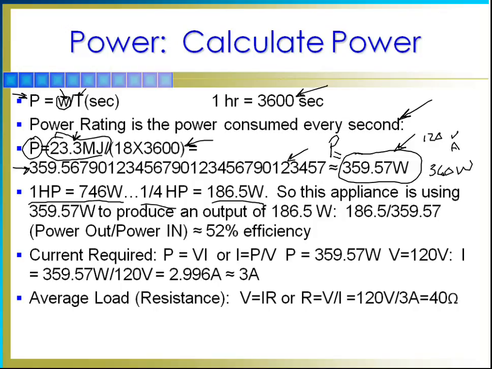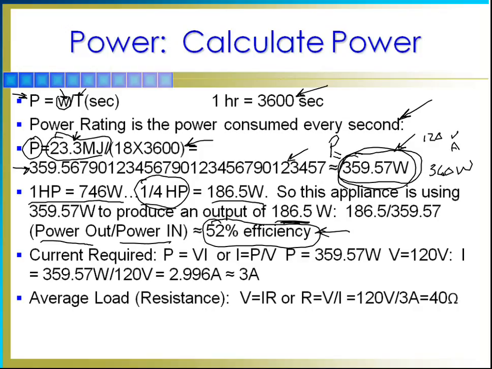I know that this appliance is using 359.57 watts to produce this. So it's basically just a formula of power out over power in. So this quarter horsepower motor is actually running at 52% efficiency. So there's how we get to an efficiency rating.